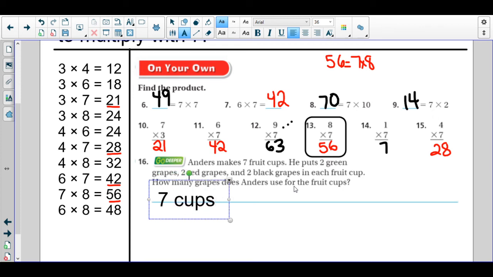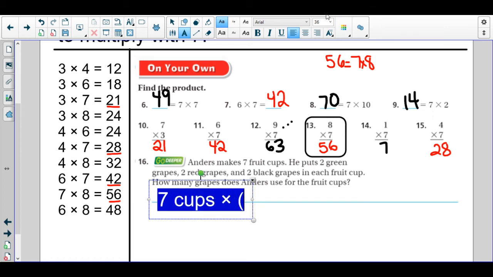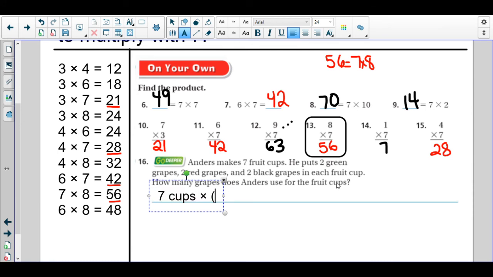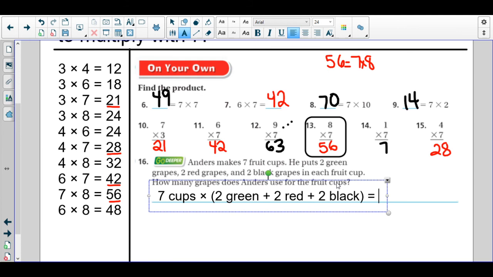He is going to multiply that by 2 green grapes plus 2 red grapes plus 2 black grapes. So how many does he need in total?